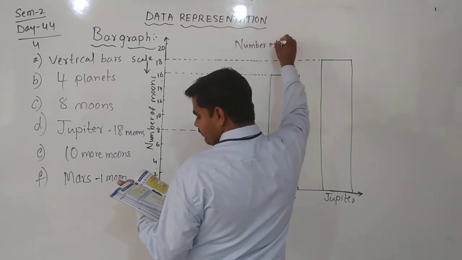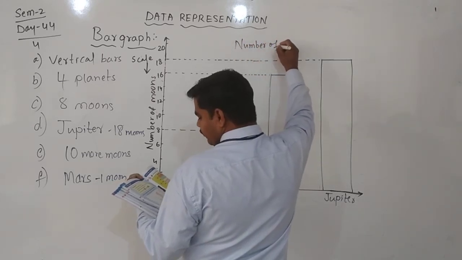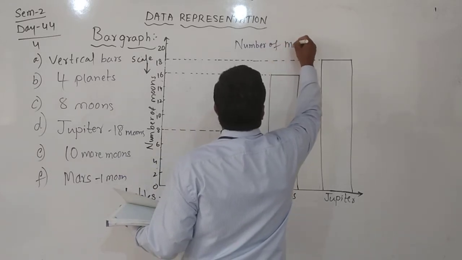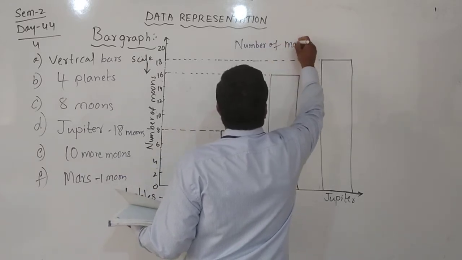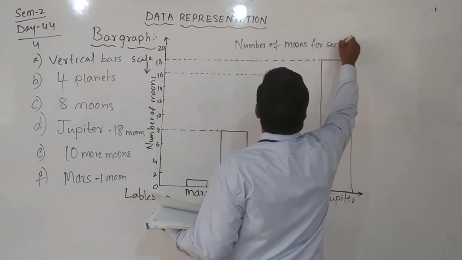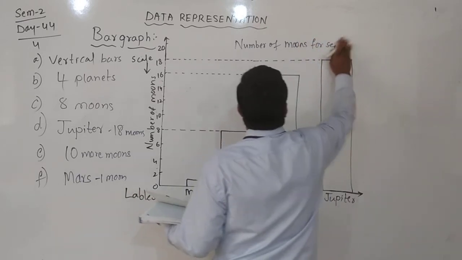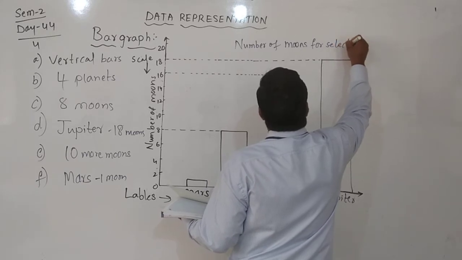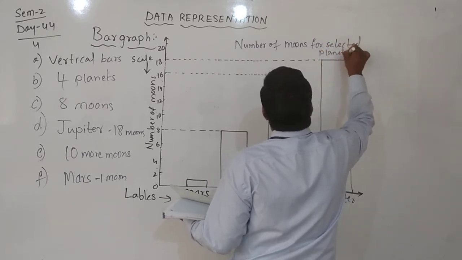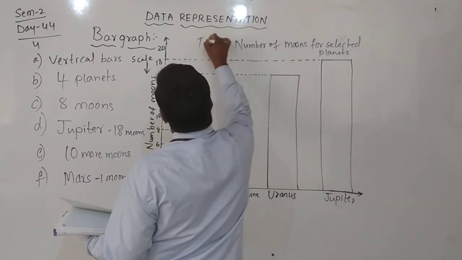Number of moons for selected planets. This is the title.